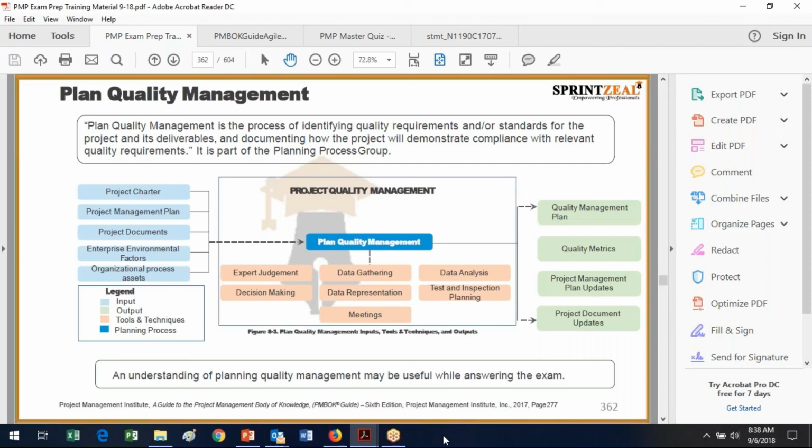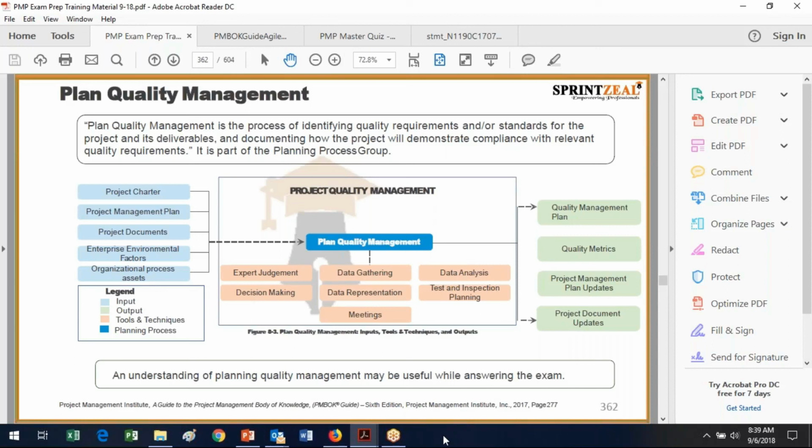So the tools and techniques that we'll use to plan quality management include our expert judgment and decision making. We'll gather data and figure out how to represent data, especially when we talk about the 7 measures of quality and all the ways to gather and measure and accumulate data. We'll do data analysis, and of course we'll have test and inspection planning, and of course the inevitable meetings.